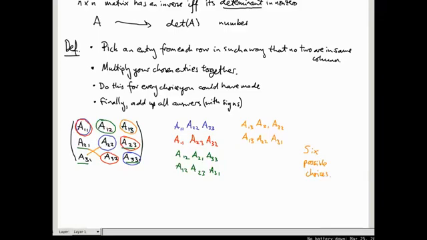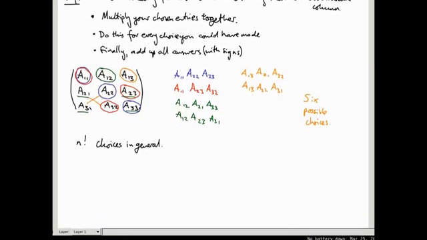And if you thought about the same thing for 4 by 4 matrices, you'd end up with 24 choices. And very quickly you start realizing that the number of possible choices for an n by n matrix is n factorial. And you can see that because, well, there's a relationship with permutation groups.